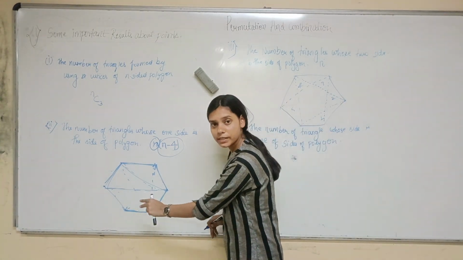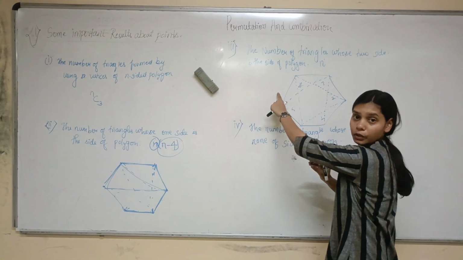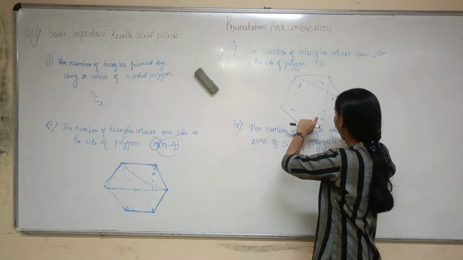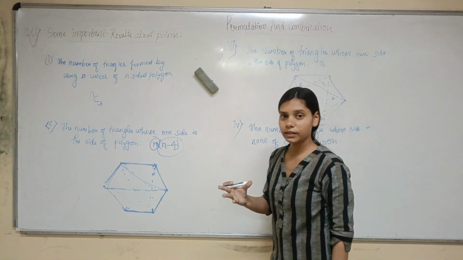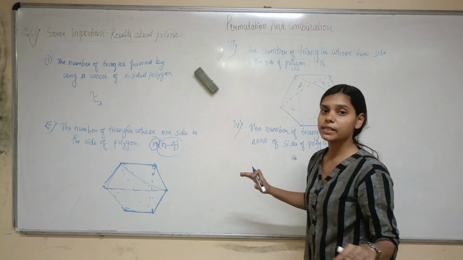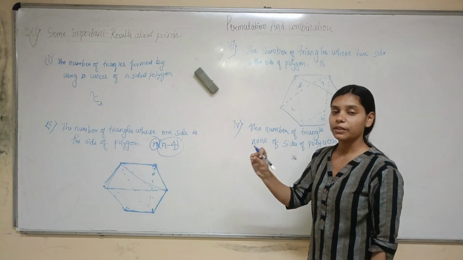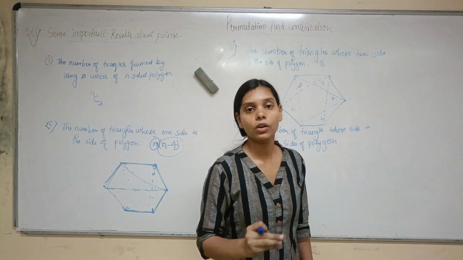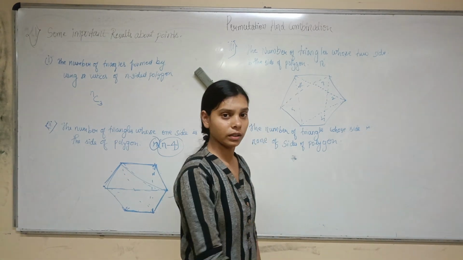Here we take one side of the polygon for forming the triangle, and here we take two sides of the polygon for forming the triangle. Okay, but here we do not use any side of the polygon. Means if we form the triangle, then we cannot use any side of the polygon. But these triangles are contained within the polygon.